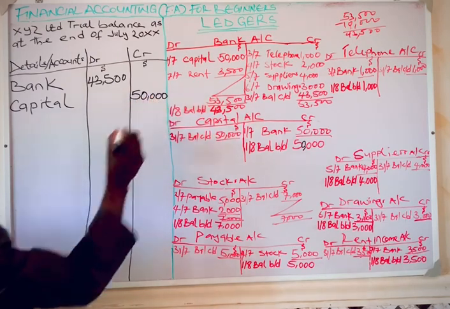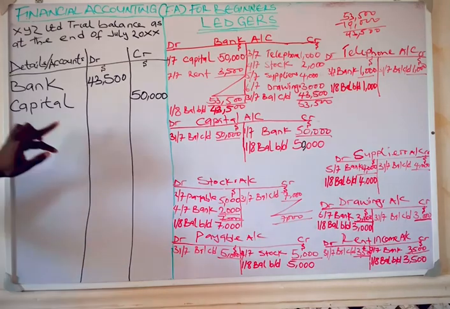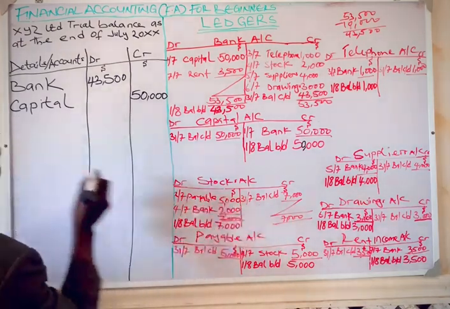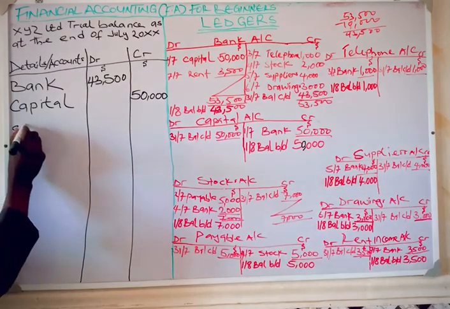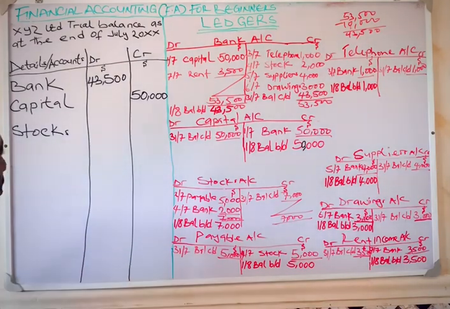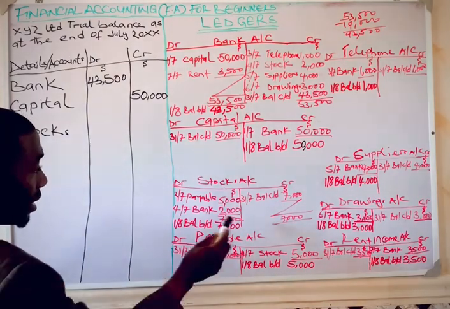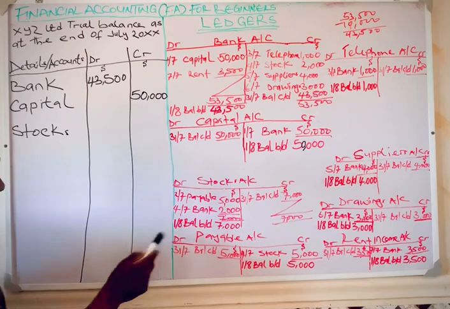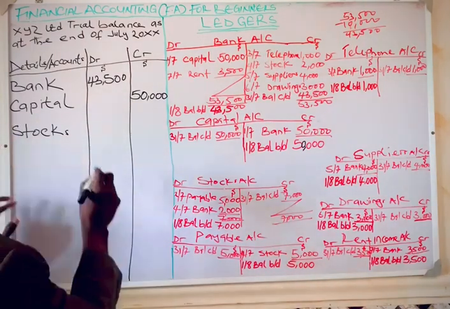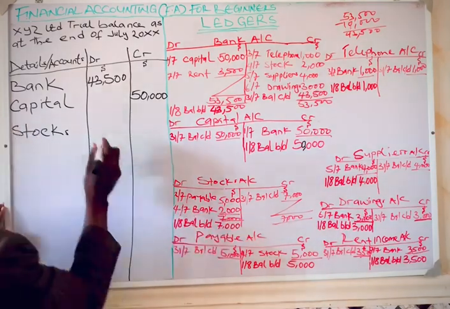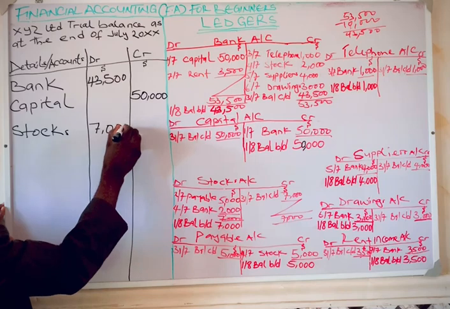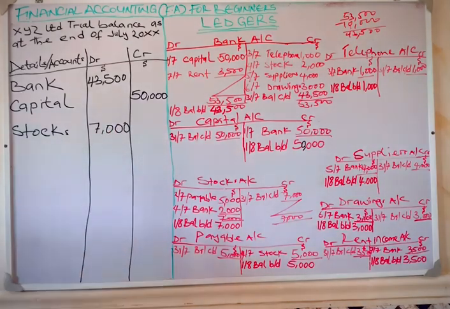Our next account is the stocks account or inventory. Looking at it, our balance BD is at the debit side, so it has a debit balance of $7,000. This is the trial balance.